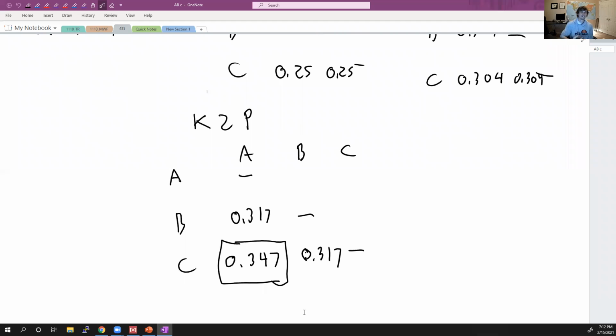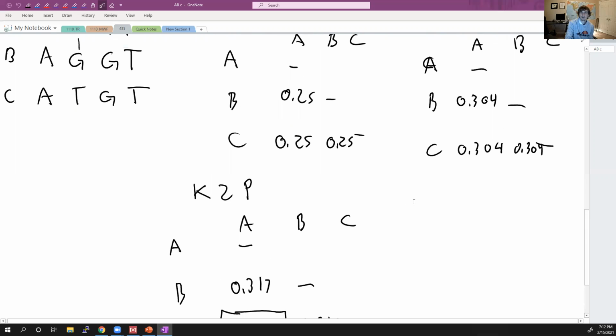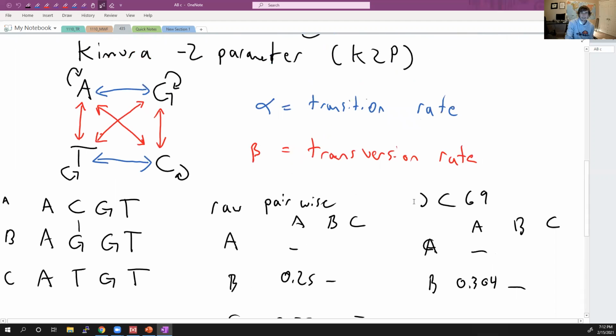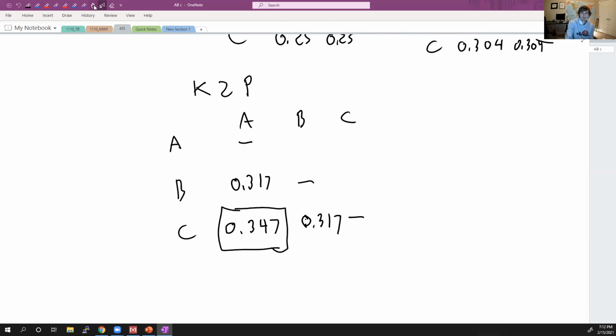And so why the distances matter is because as we're building trees, we're also estimating sequences of common ancestors at a point, and we may reflect changes in terms of a branch length.